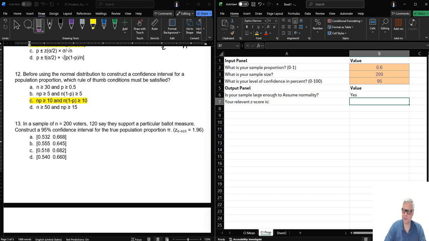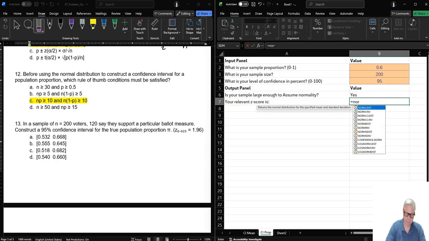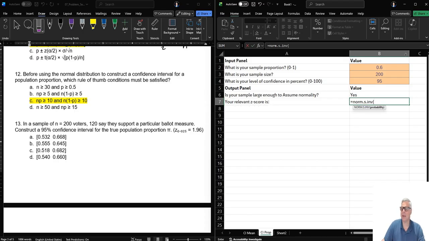So we just use the z, and that is equal to NORM.S.INV, and the probability we determine again by subtracting from 100 the user-inputted level of confidence, which is now 95. Okay, let's put the 100 minus cell B4, and then we divide by 100, and then we divide by 2.